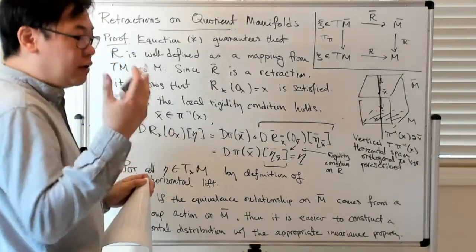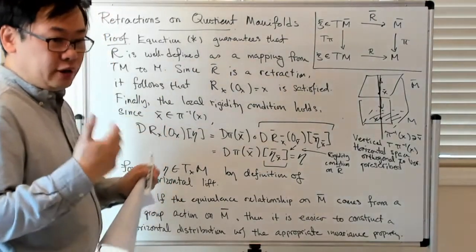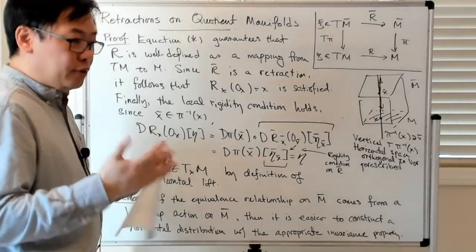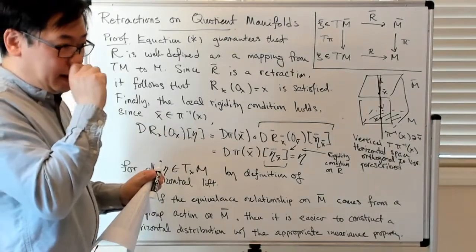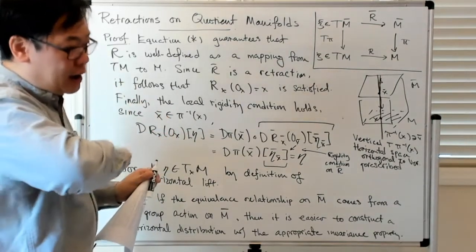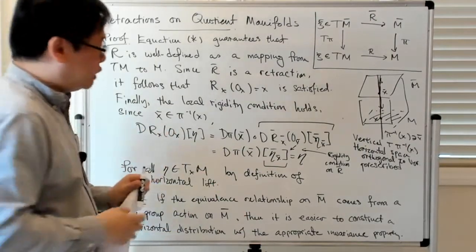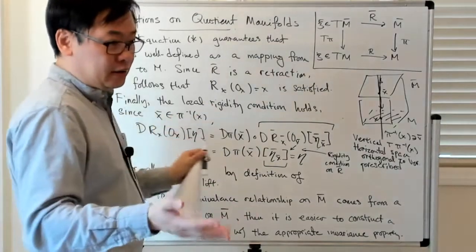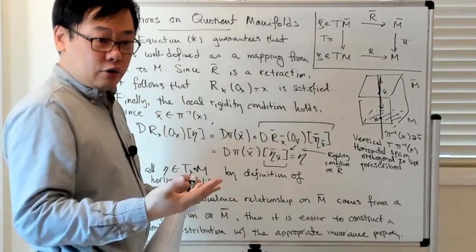You could, for example, consider an equivalence relationship on Rn where you say that two points in Rn are related to each other if they are related by some rotation matrix, right? So if you can take one point in Rn and rotate it to another point in Rn through an appropriate application of a rotation matrix, then we might be interested in an equivalence relationship which says these two points are equivalent.